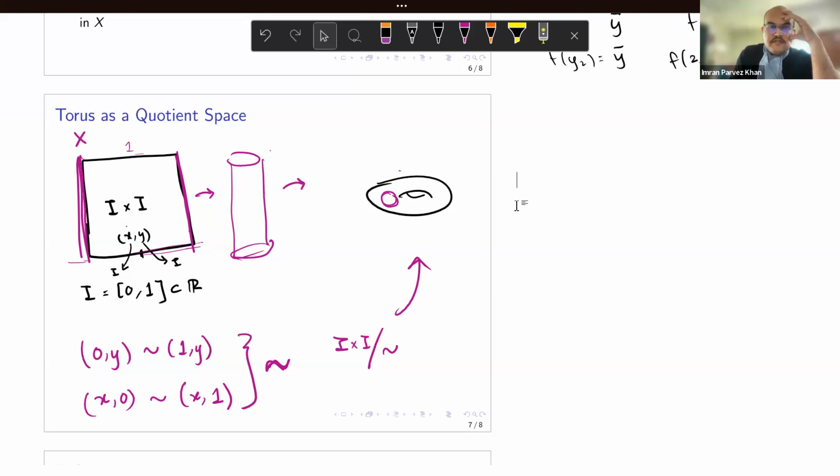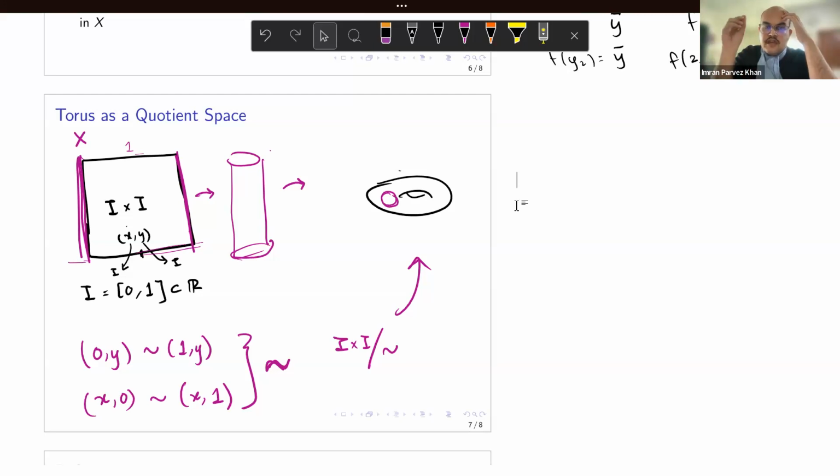After factoring out, and after going from a square to a torus, the number of points would also get reduced. The square would have more points and the torus would have fewer points.